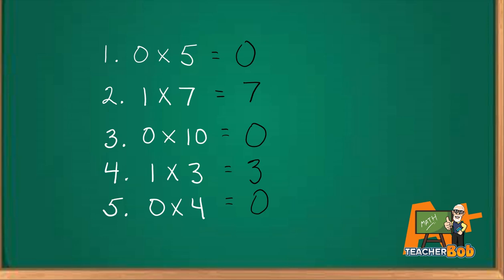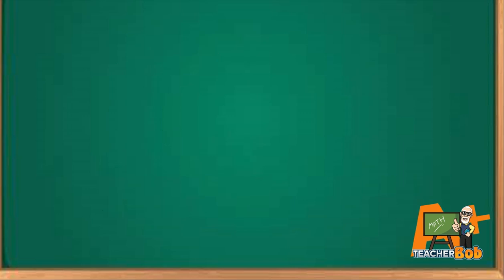And I just used the term product. If you're not familiar with that word, that's simply the answer when we're multiplying. Product is the answer to multiplication. Great job. Okay, let's continue.